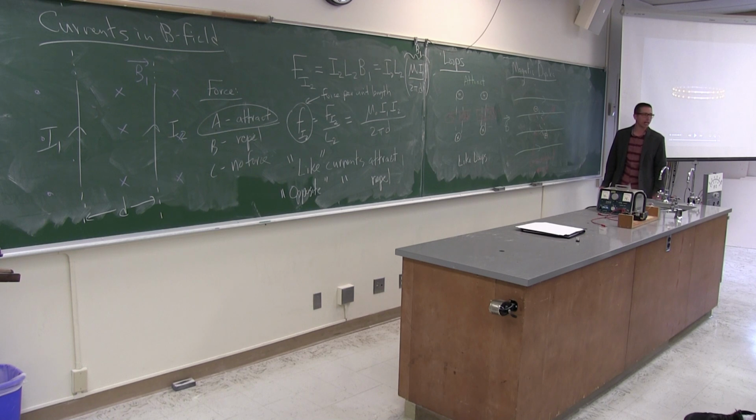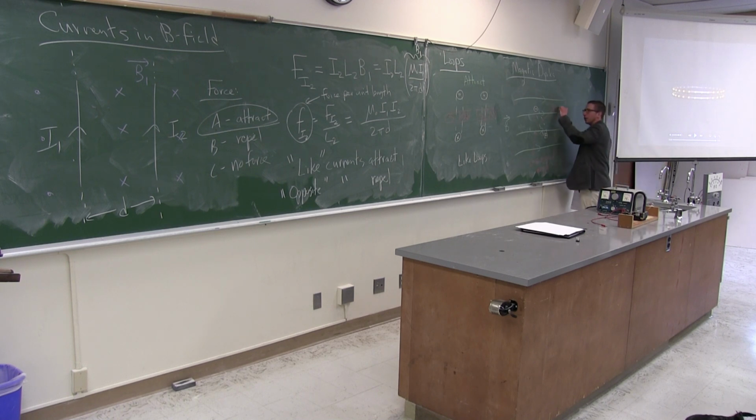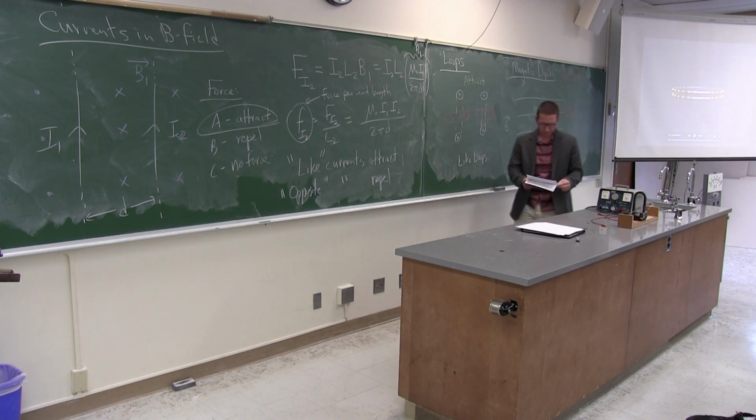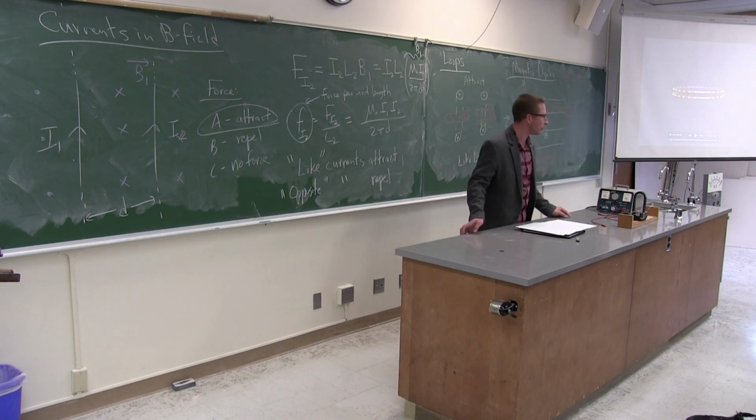And this vector I'm going to call mu, which is magnetic moment. Okay, so mu equals IA, just the amount of current through the loop multiplied by the area vector of the loop.